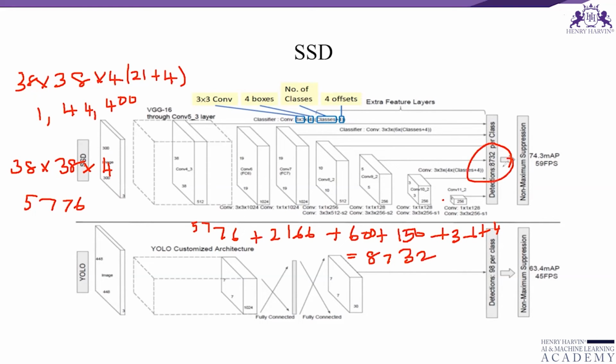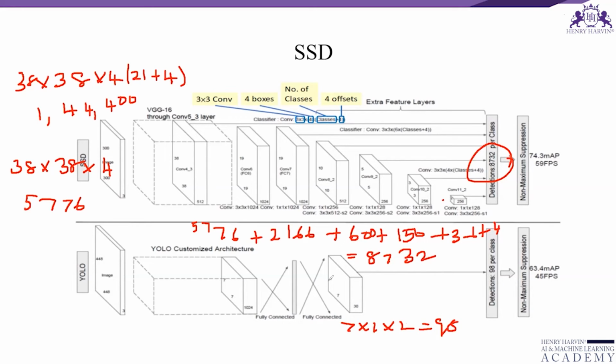If we remember YOLO, and compare it with YOLO, YOLO will have 7 cross 7 locations at the end with 2 bounding boxes for each location. So in YOLO, 7 into 7 into 2, we get around 98 boxes. SSD has 8,732 bounding boxes, which is more than that of YOLO.